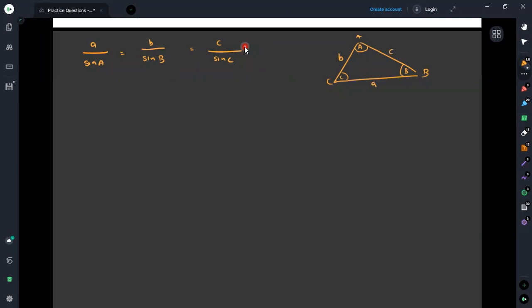If you have the triangle, then the sine rule and the cosine rule can be defined for the triangle.